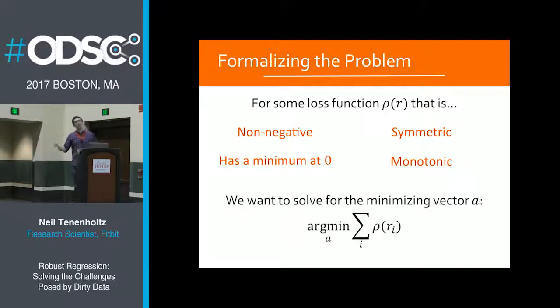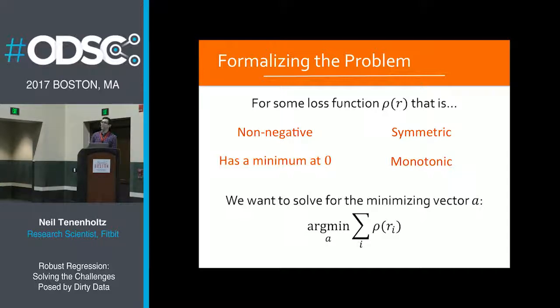So if you perfectly predict the point's output, you don't want to be worse than predicting it with some error. So minimum at 0 also makes sense. Symmetry. So if you're off to the left or off to the right, shouldn't really matter. And finally, monotonic. If your error grows, it should always be worse than a smaller error, basically. So you want these nice properties, and they all make intuitive sense.